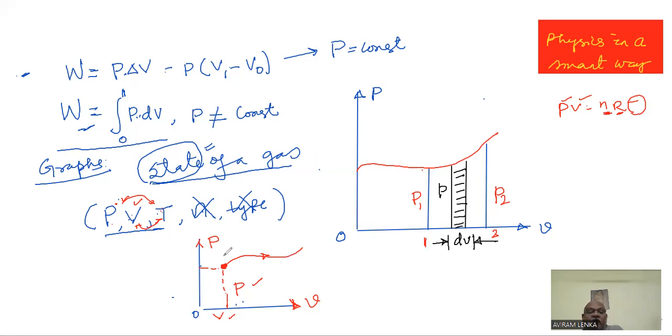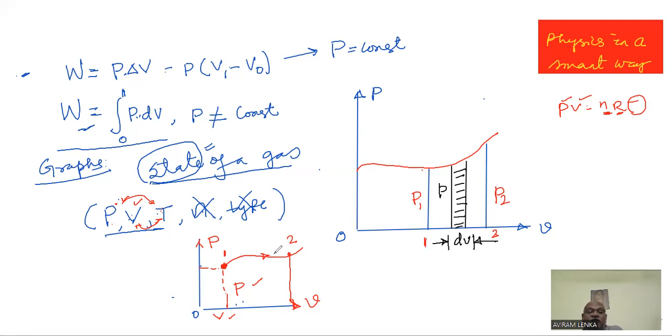So if we say the gas is changing from state 1 to state 2, then the curve, the graph that you have shown from 1 to 2, can be a straight line, can be a curve, it doesn't matter. That depends on which way the parameters of the gas are changing.